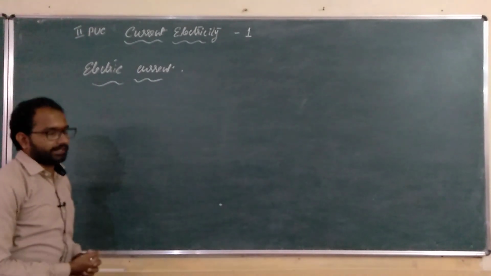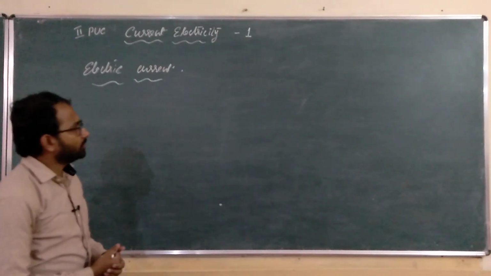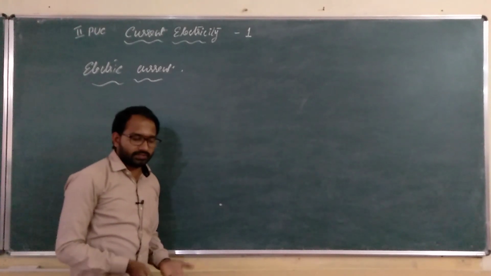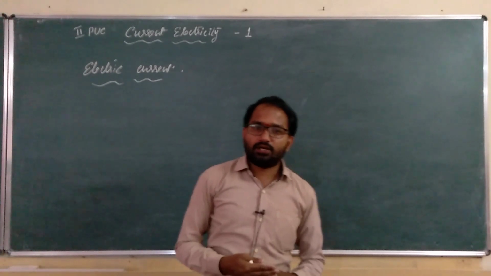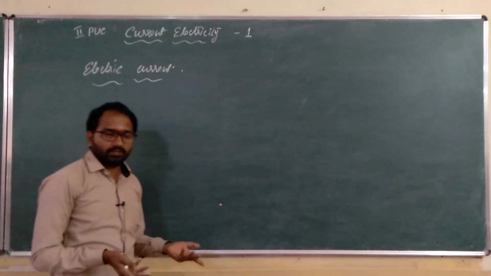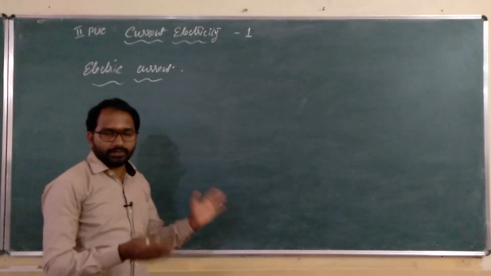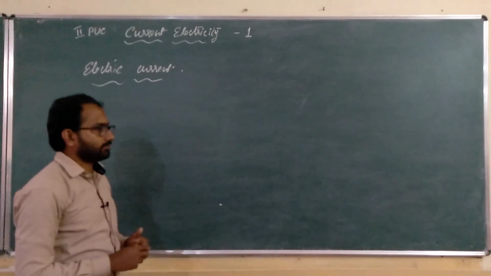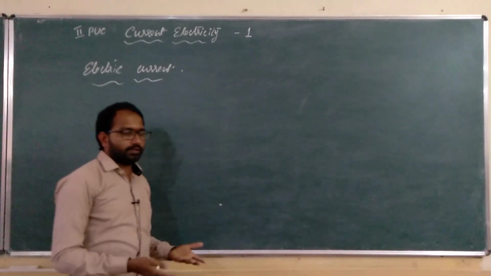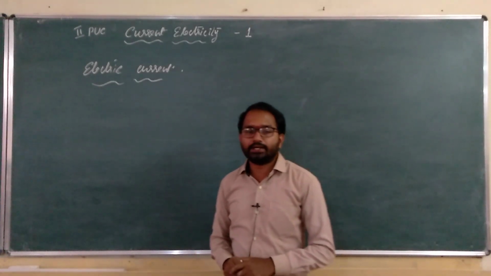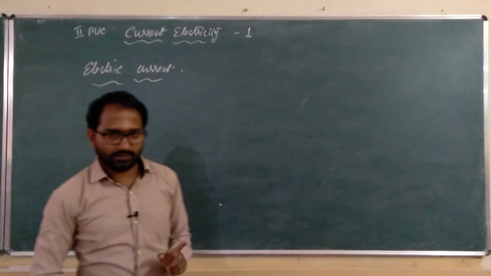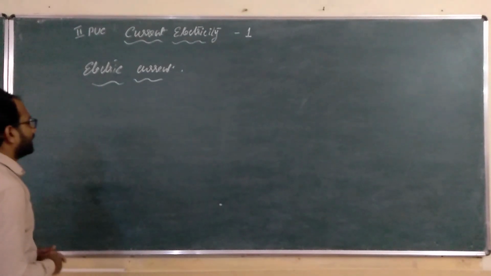The flow of charges through any cross-sectional area, there is no restriction on the area. It is not per unit area or through a particular area. The amount of charge flowing through any cross-sectional area of a conductor per second is called electric current.